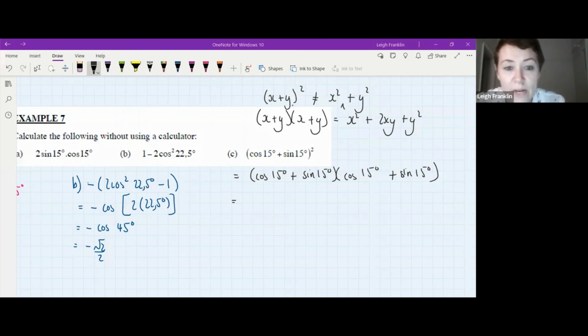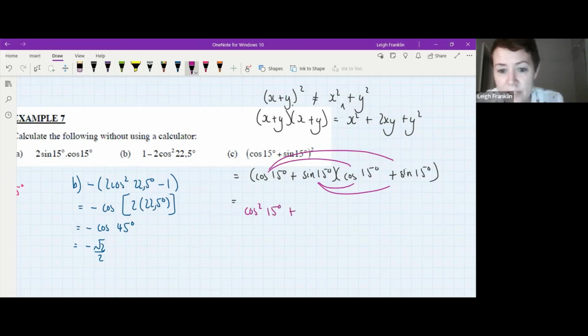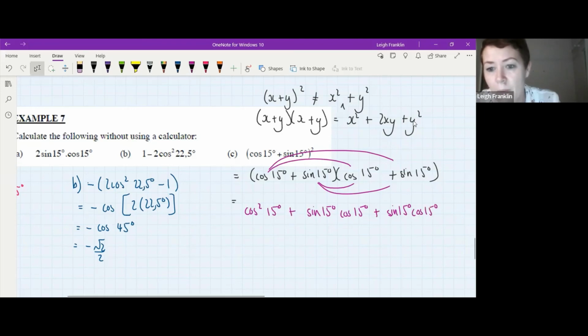So very quickly, we're going to FOIL this out. Firsts, outers, inners, lasts. This gives us cos squared 15 plus sine 15 cos 15 plus sine 15 cos 15 plus sine squared 15.